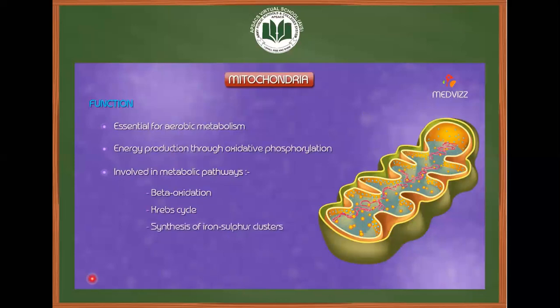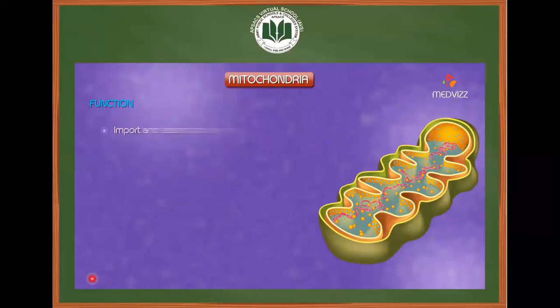In addition, mitochondria maintain, replicate, and transcribe their own DNA and translate mRNA into protein. The import and assembly of proteins is another important mitochondrial function, since most proteins that the mitochondria require are encoded by nuclear DNA and translated in the cytosol.